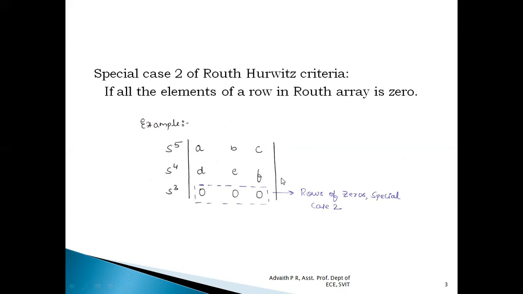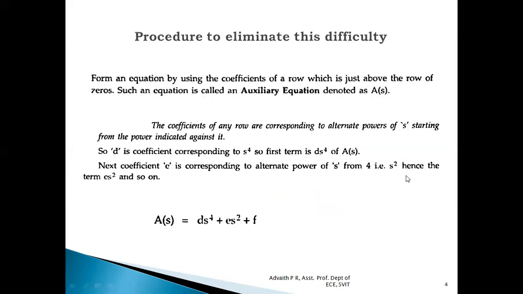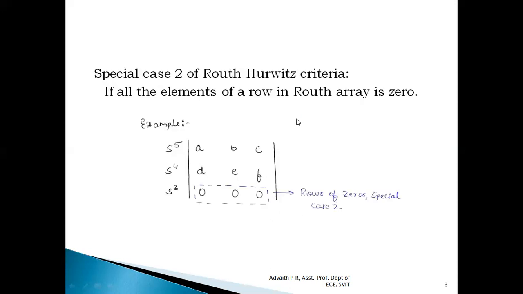There are certain steps which have to be followed in order to overcome or eliminate this difficulty. We have to form an equation by using the coefficients of the row just above the row of zeros. Such an equation is called the auxiliary equation, denoted by the symbol A of S. In this example, we have got all zeros in the third row, the s to the power of 3 row.